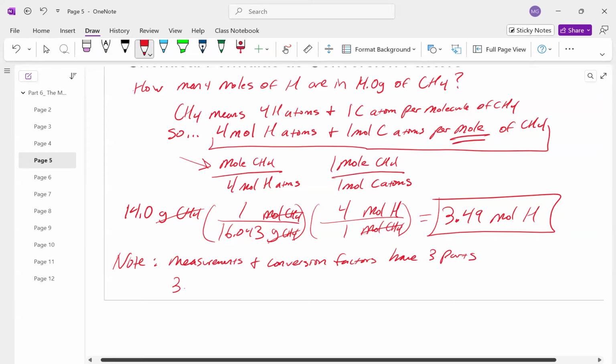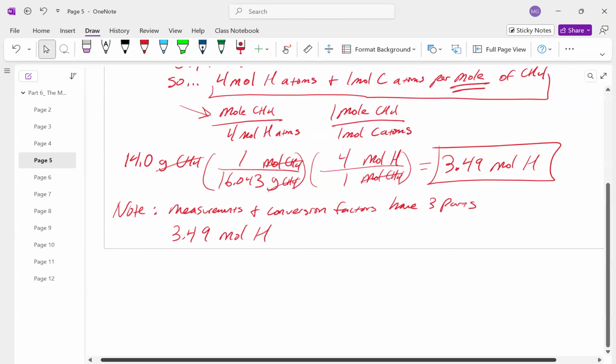Let's look at this last thing that we calculated. 3.49 moles of hydrogen. Okay, first part is the value. Pretty important. You need to be able to report a value. The next thing is the unit. You can't just say I got 3.49. Well, what do you got 3.49 of?